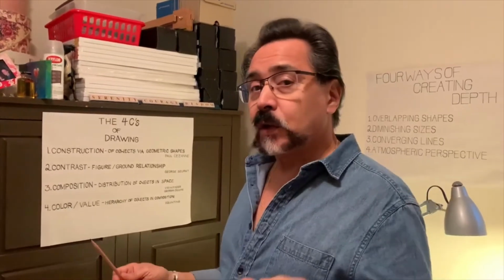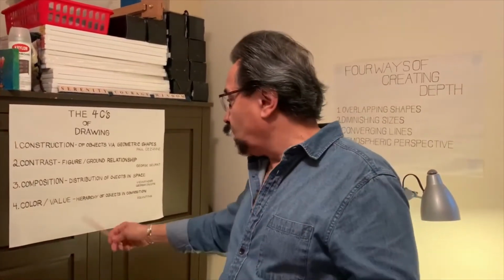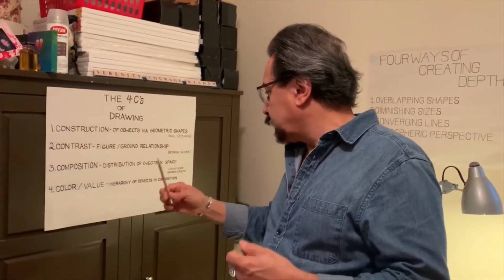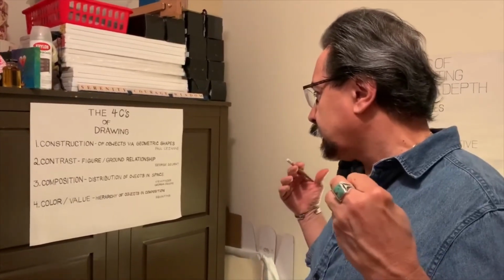But right now, we are doing value. What is value? It is a hierarchy of grays. It is what we know also as a gradation. Value is the lightness, and here's the definition of value. It is the lightness or darkness of objects. That's what we call value.